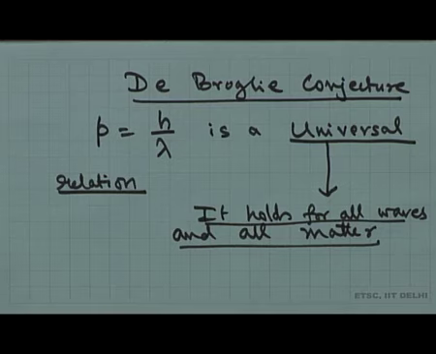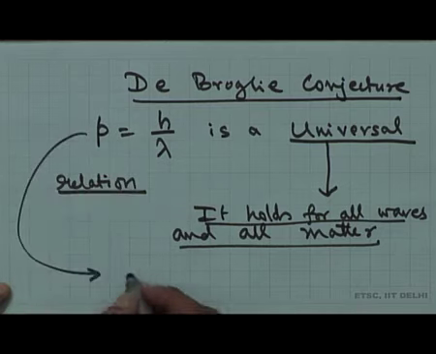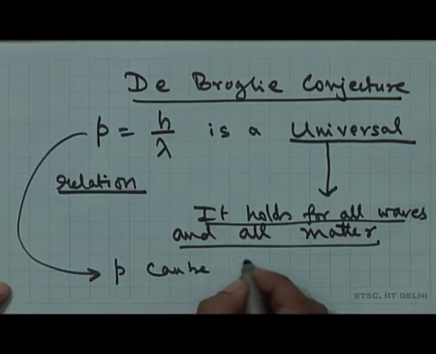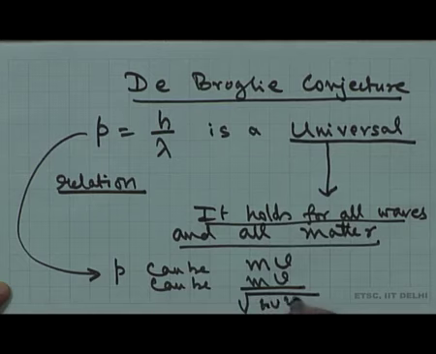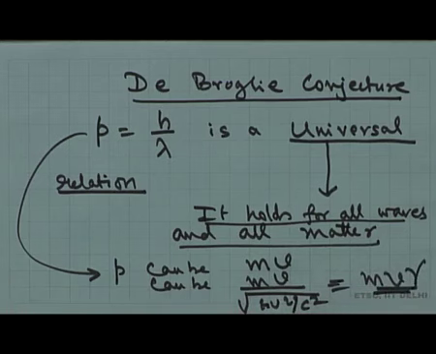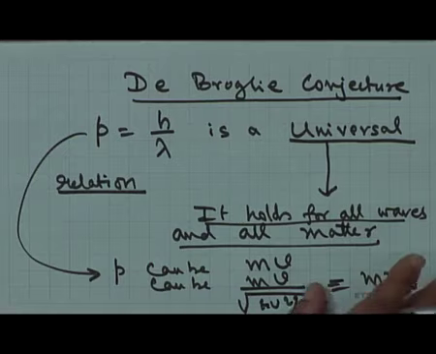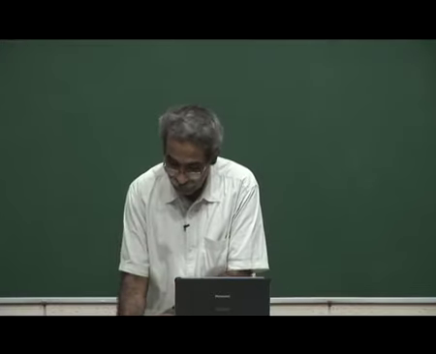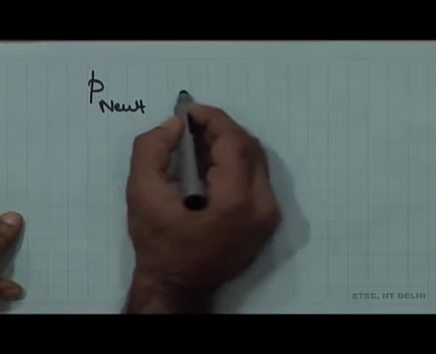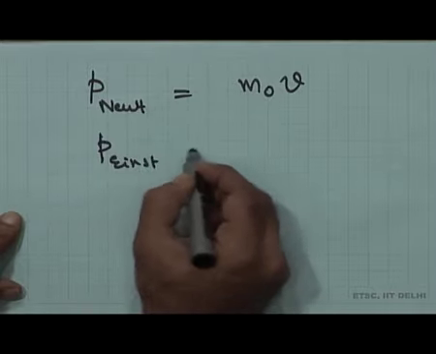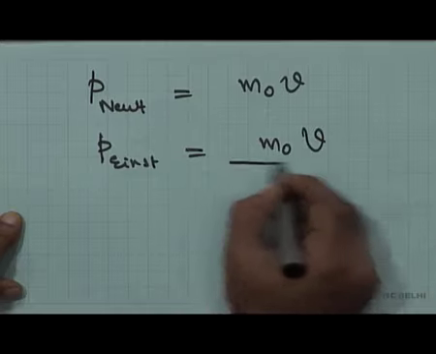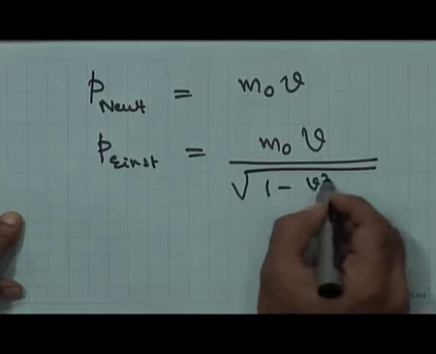The only freedom that you have is in choosing the form of P. So P can be mv, or it can be mv over root of 1 minus v squared by c squared, that is m v gamma. This is relativistic; the earlier one is non-relativistic. Let me write that more carefully again. P Newtonian is m naught v, and P Einsteinian relativistic is m naught v over root of 1 minus v squared by c squared.